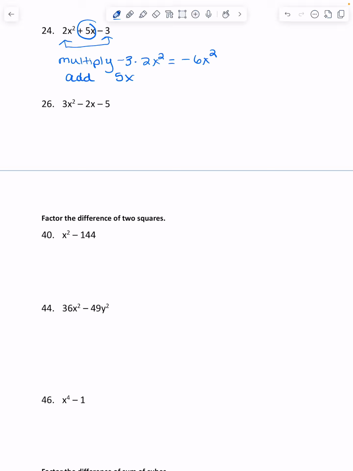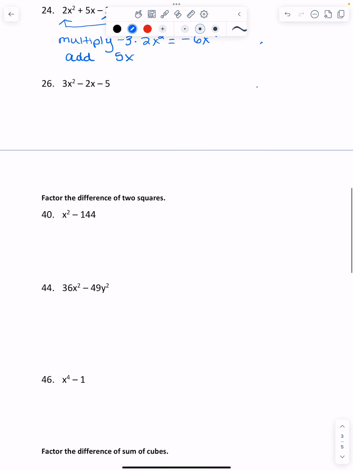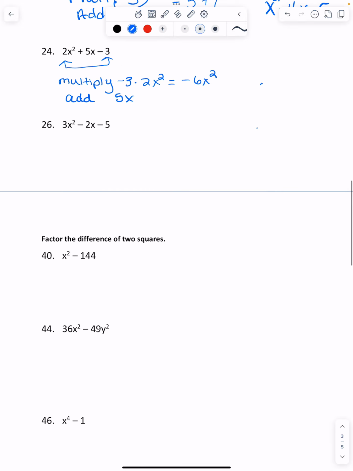So think about that, and you can even go back and look at the shortcut that I gave you for talking about your signs in a trinomial.